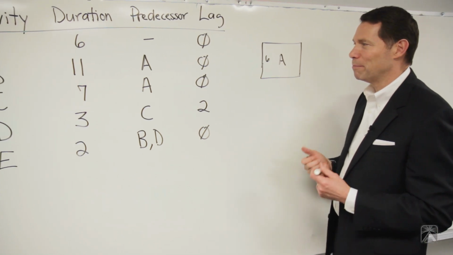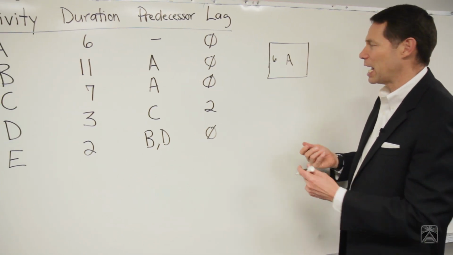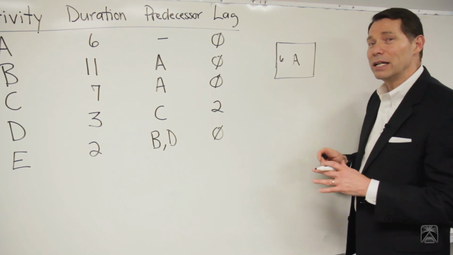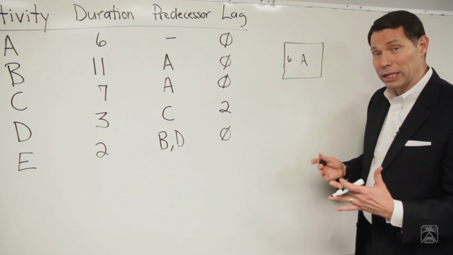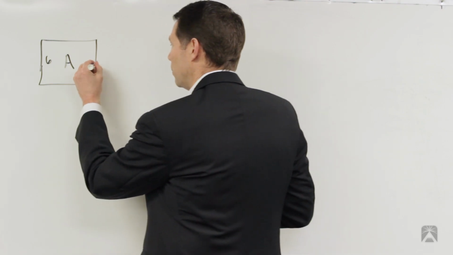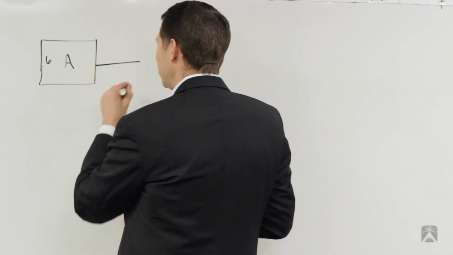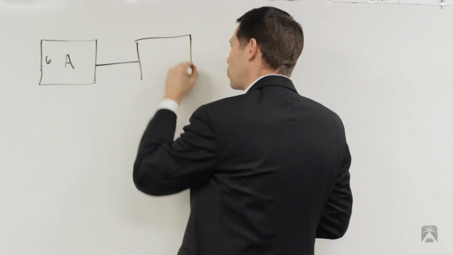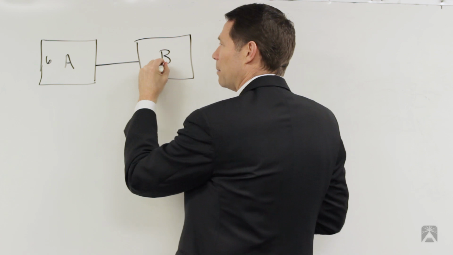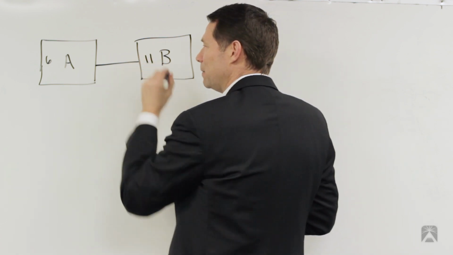So I've got activity A, a duration of 6, no lag. B has the predecessor A, so I very unimaginatively call this technique straight lines and right angles. B comes after A, so just a straight line, B, and my duration for that is 11.